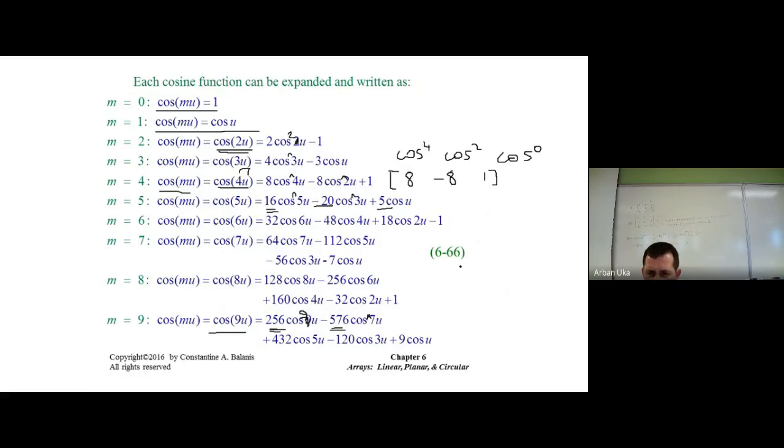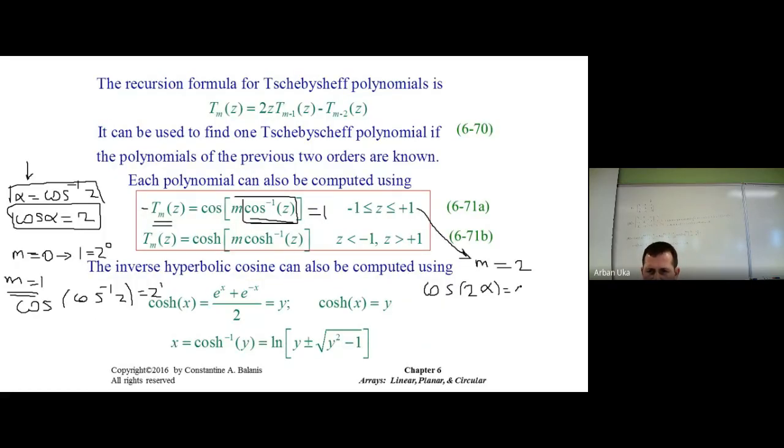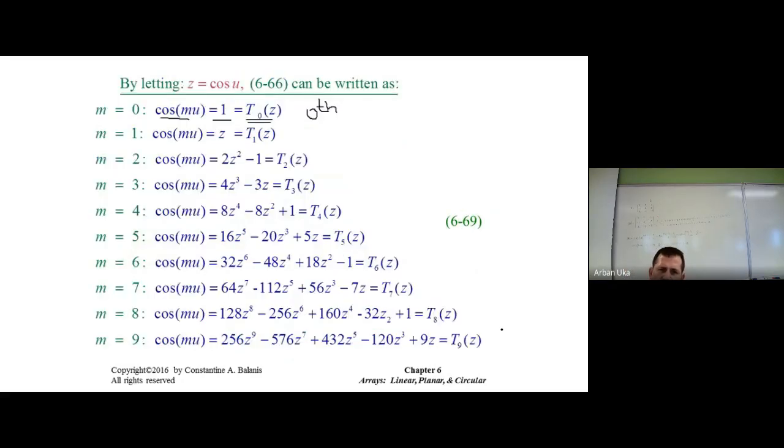So if we write this polynomial in terms of z, the 0th order is 1, the first order is z. We found this. The second order is 2z squared minus 1, and so on, and so on.